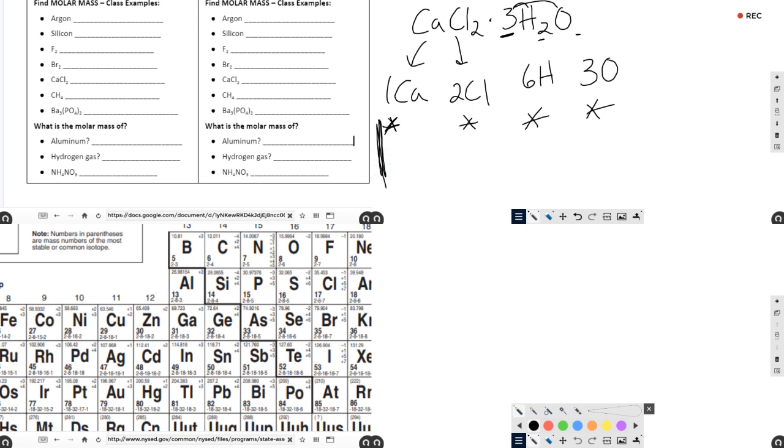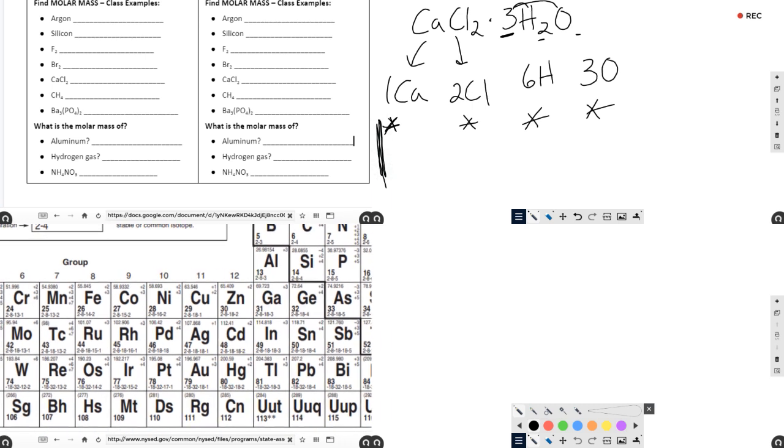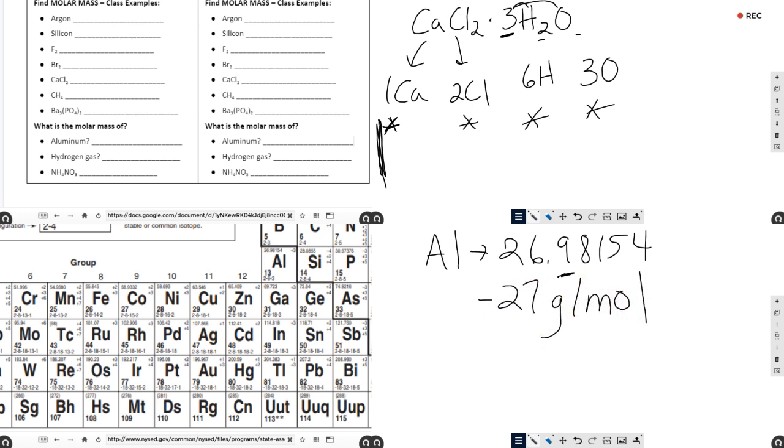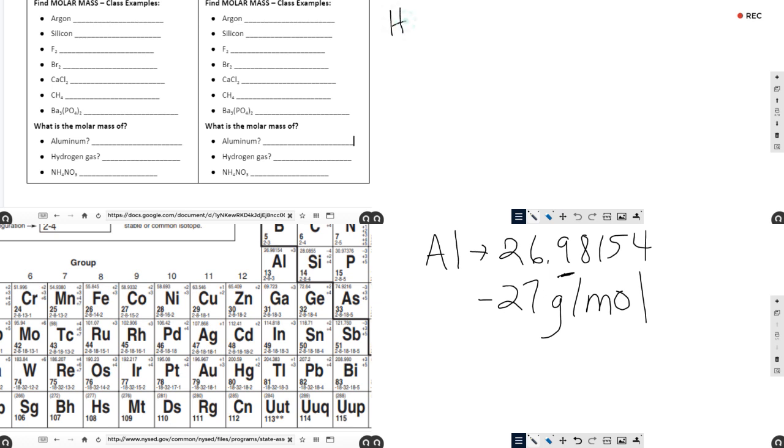All right, now we're going to look at these last 3 down here, where it says what is the molar mass of. Aluminum is just a single element. So aluminum is 26.98154, round to tenths. It says round up, so aluminum is 27 grams per mole, okay? Now, the next one I have to do is hydrogen gas, which is H2.